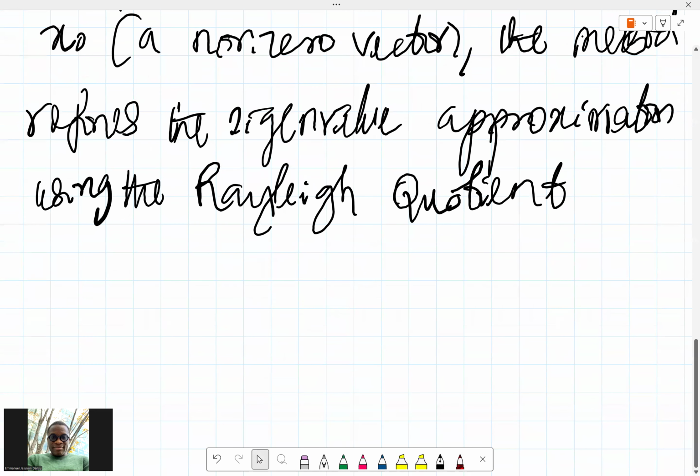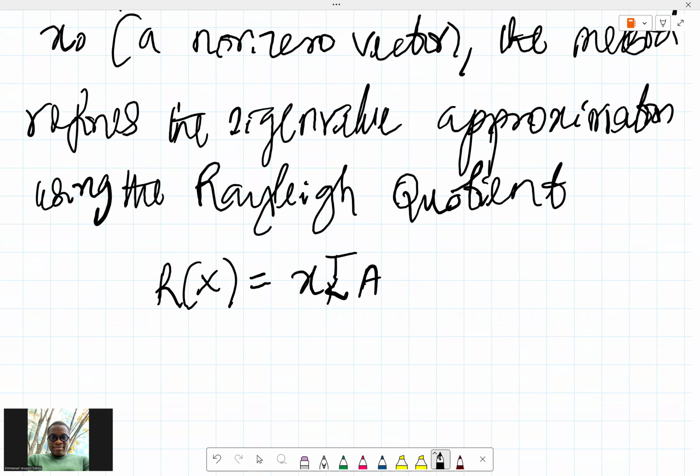Interestingly, the Rayleigh quotient looks like what we saw for the power method. So the Rayleigh quotient R of x is x_k transpose A x_k all over x_k transpose x_k.